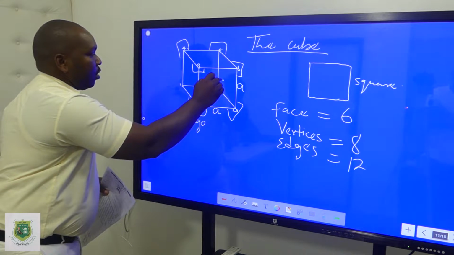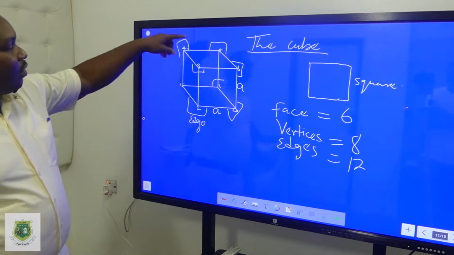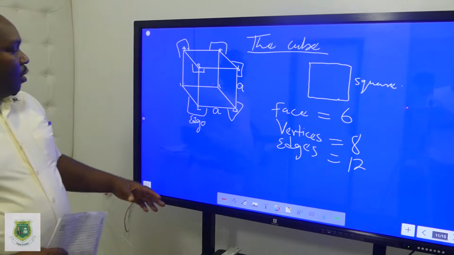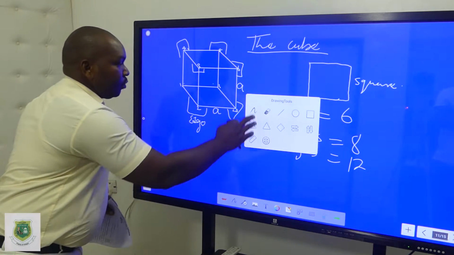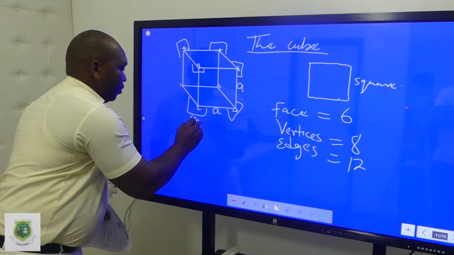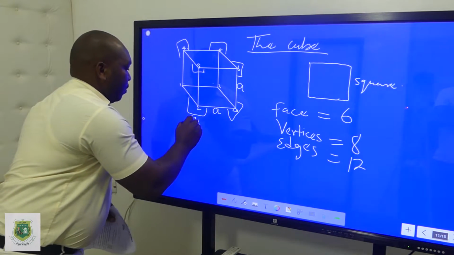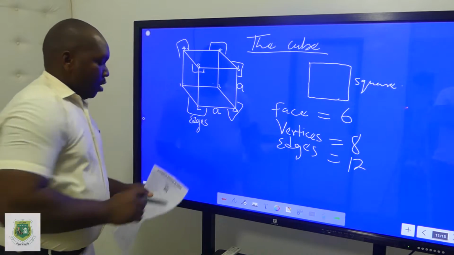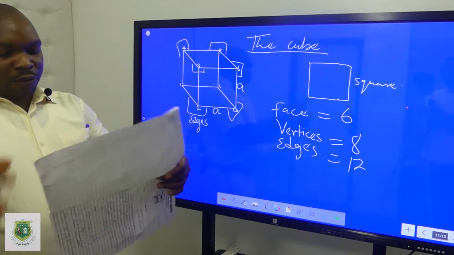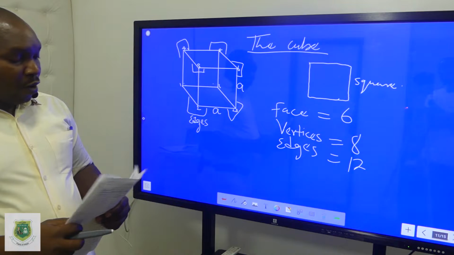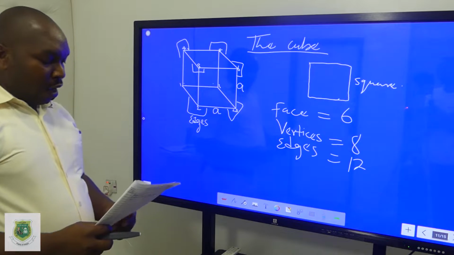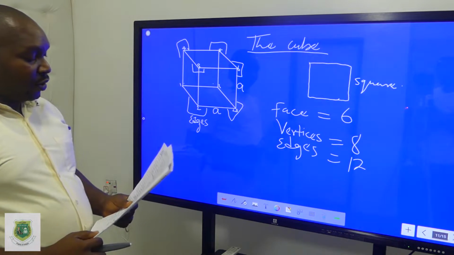If you take it this way, and so on, you find the number of edges there. Okay, that is for the cube. I've told you example of a cube is the sugar cube. Sugar cube is a typical example.